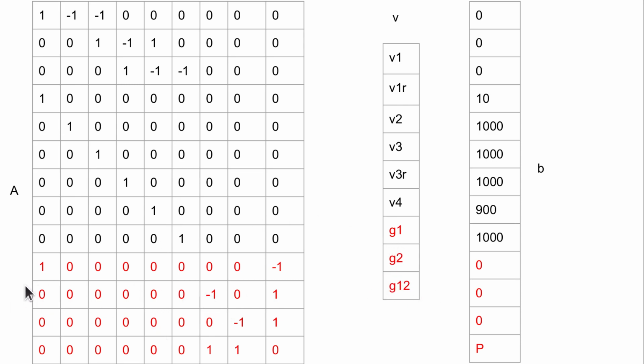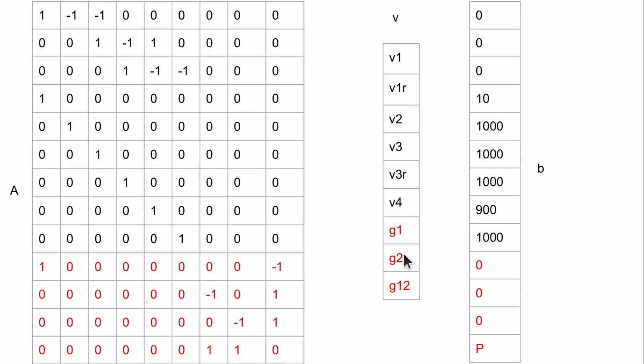So that will give us two rows at the bottom of our constraint matrix. This row here, third from bottom, consists of minus G1 plus G12 being negative, which means that G1 is greater than G12.